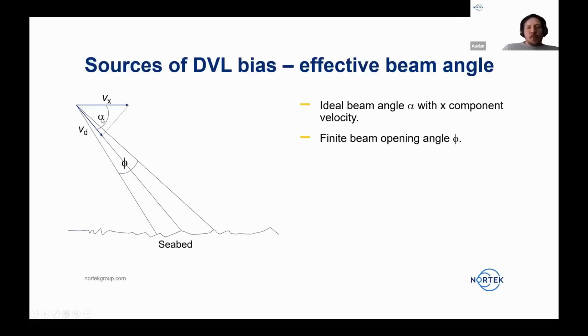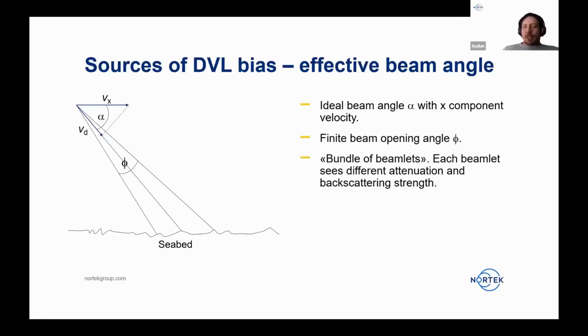First of all, if I look at the edges of the beam here, I can call this a whole bundle of these rays here, right? And if I look at this one, it has to travel quite a bit further through the water column than this one does, right? So this one will be more attenuated than this one. So this one will contribute more, and that will increase the effective angle that I'm seeing.